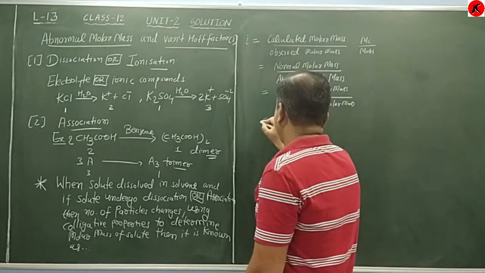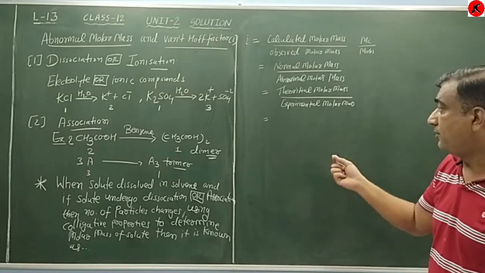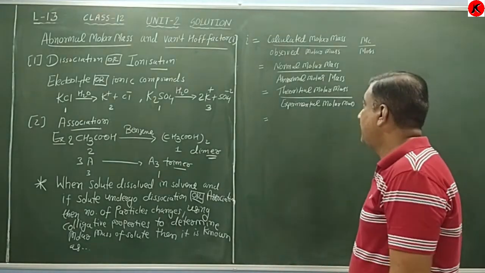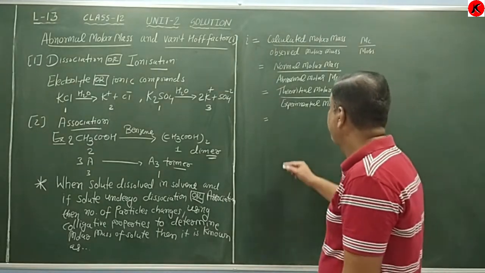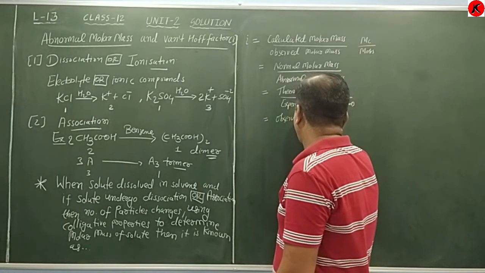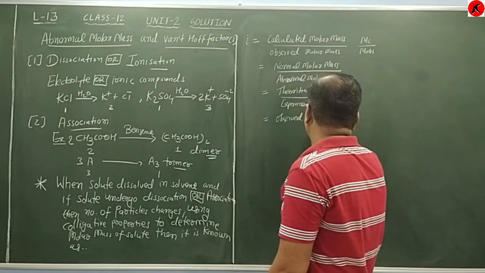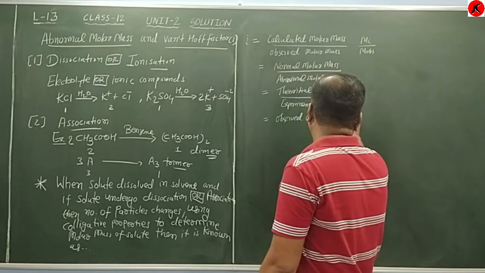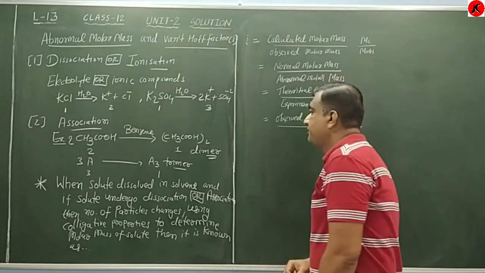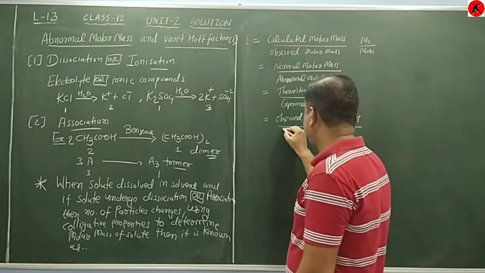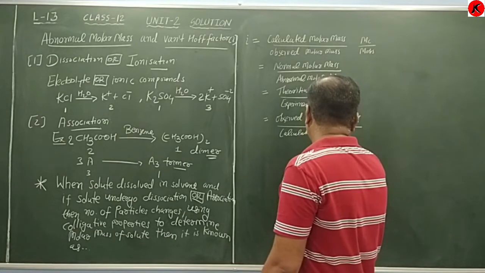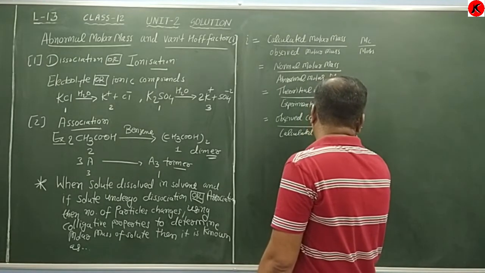All having same meaning. Now molar mass and colligative properties are inversely proportional. That means we can write from this: observed colligative property divided by calculated colligative property, that means theoretical.